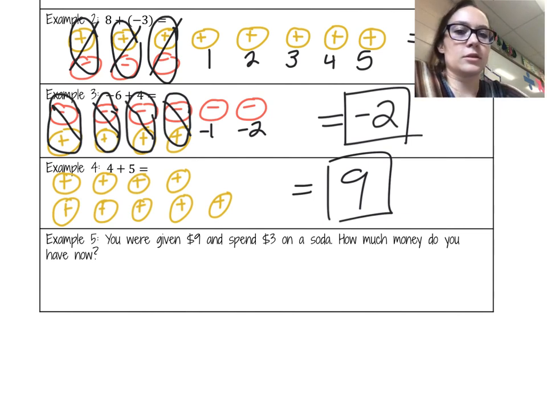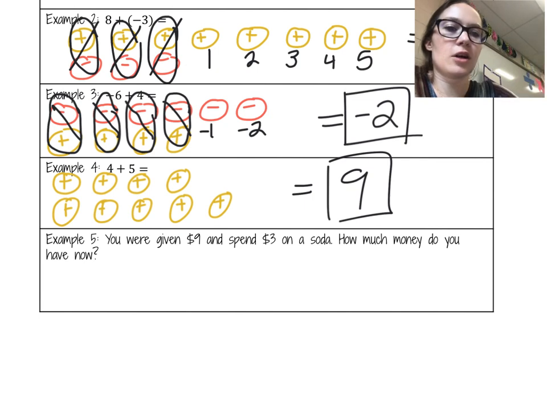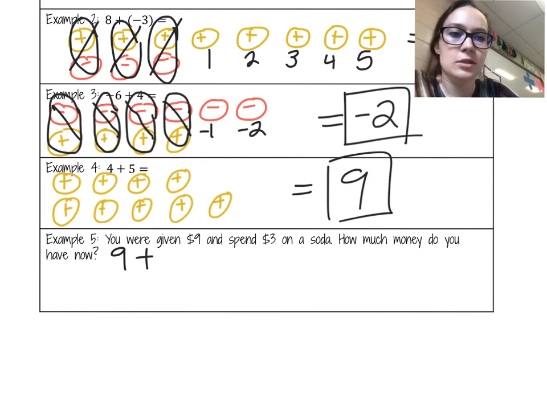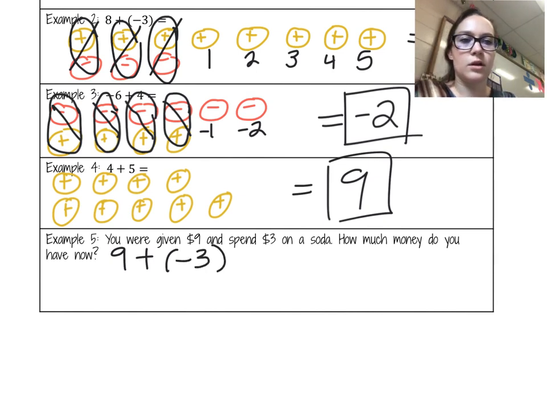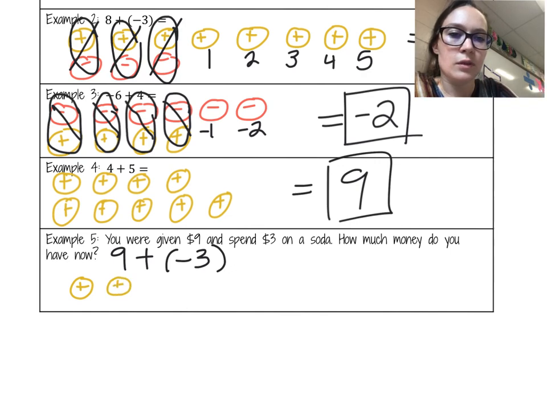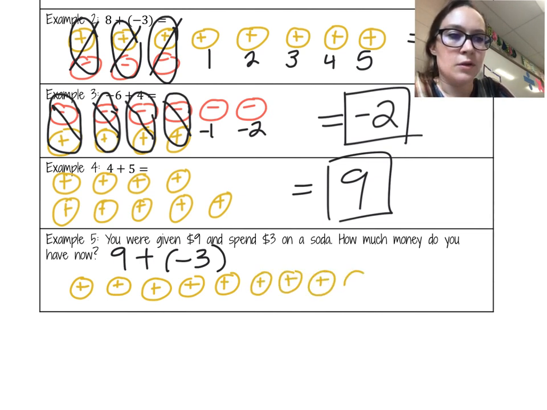Okay, so example 5, you are given $9 and spend $3 on soda. How much money do you have now? Okay, so if you were given $9, that's a positive 9, plus, then you spent $3, that's minus 3 on a soda. So now I'm going to use integer chips to represent that. We have 1, 2, 3, 4, 5, 6, 7, 8, 9.